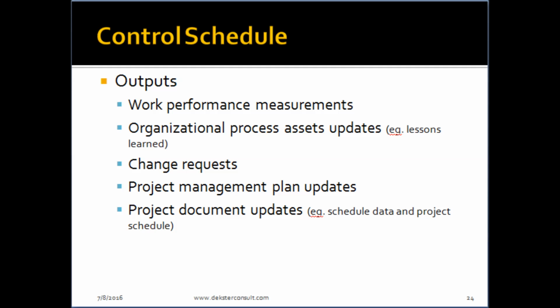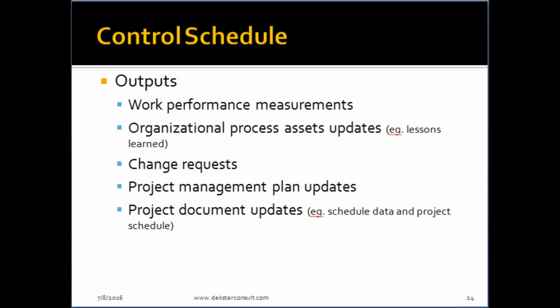The outputs of control schedule. We will come up with work performance measurements. Then we could update our organizational process assets. For instance, with newly learned lessons, and this could be useful for projects in the future.